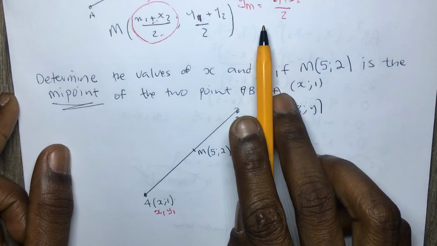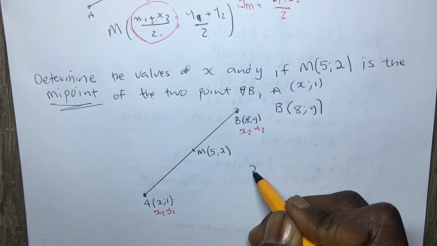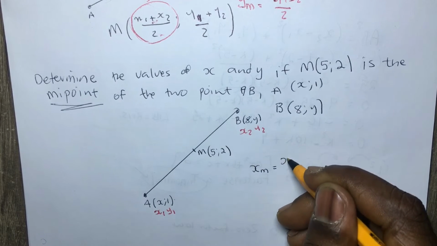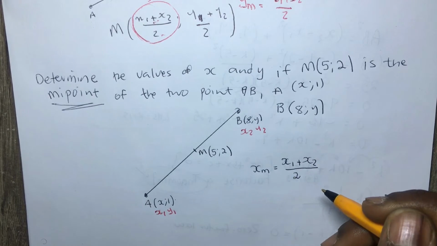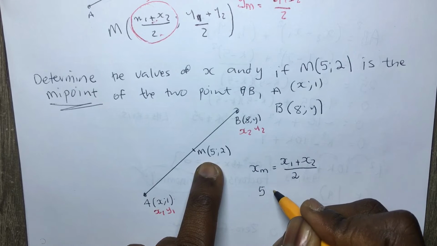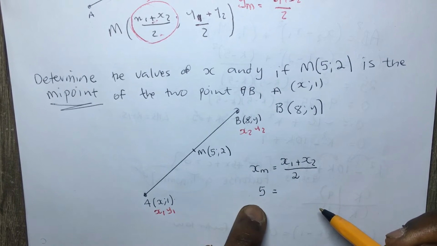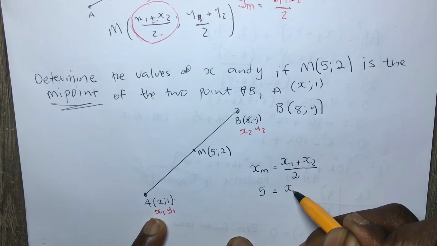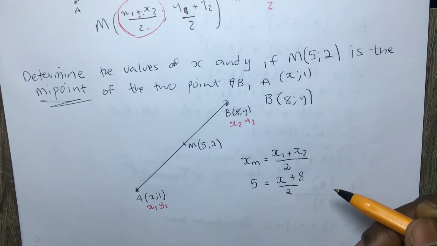So if I'm taking them separately, like what I showed you in the first part, the x part of the midpoint will be equal to the sum of the x coordinates over 2. The x part of the midpoint they gave us, we can substitute it. It's 5. So 5 equals x1, which is x, plus x2, which is 8, over 2. You all see it?